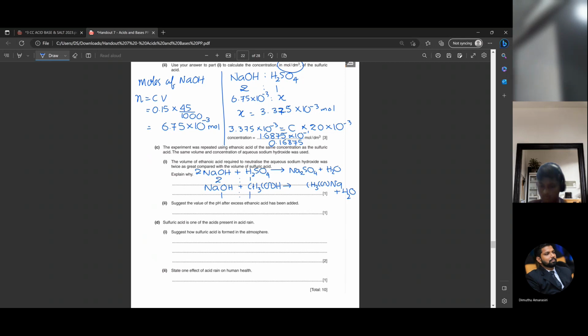Listen. If you need only 20 cm cube of sulfuric acid, how much ethanoic is needed for the same amount of sodium hydroxide to react? 10? 20? 40?